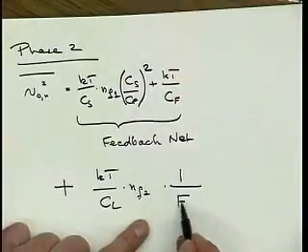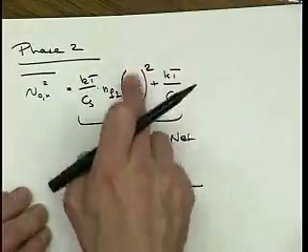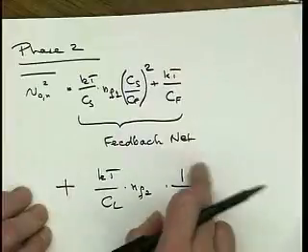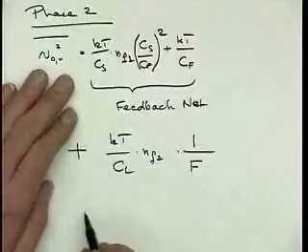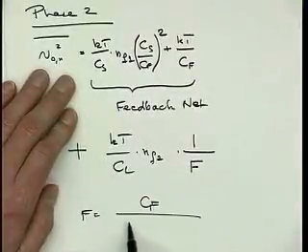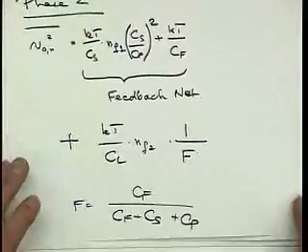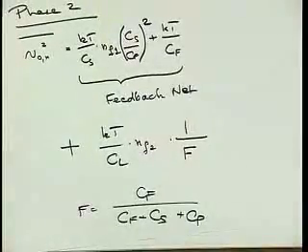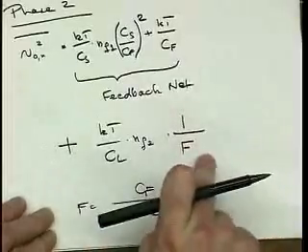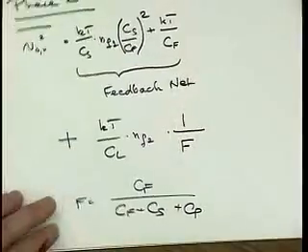And then there was 1 over the feedback factor, and this feedback factor is not equal to this one, it is actually larger than this factor. The feedback factor is equal to CF over CF plus CS plus CP or CGS or so, which again is sort of the point that the noise from the amplifier is amplified by more than the signal is. Too bad.